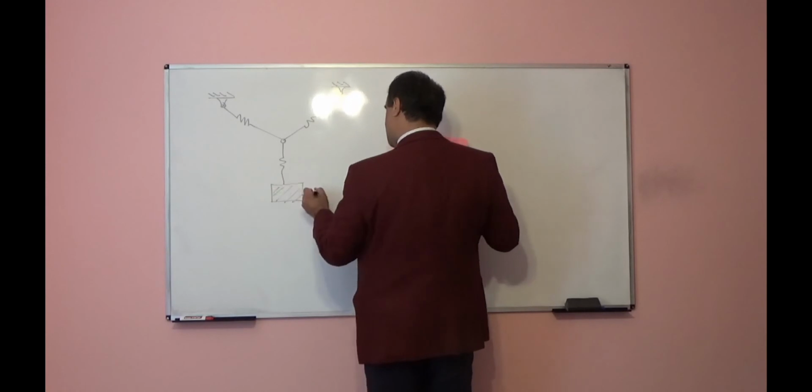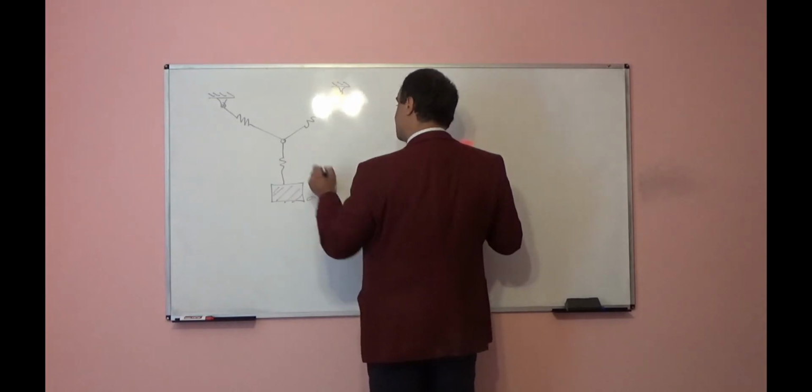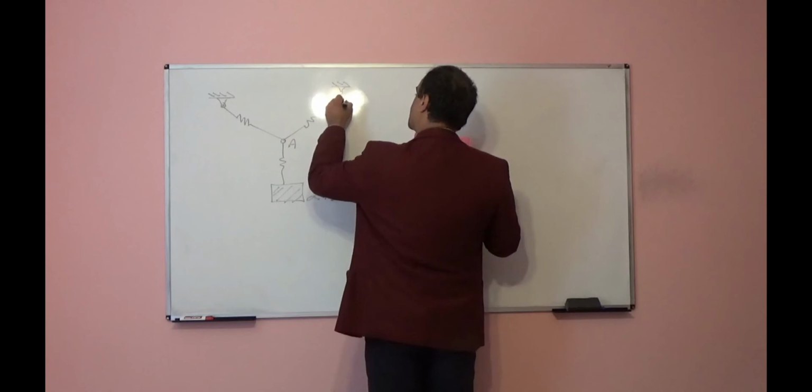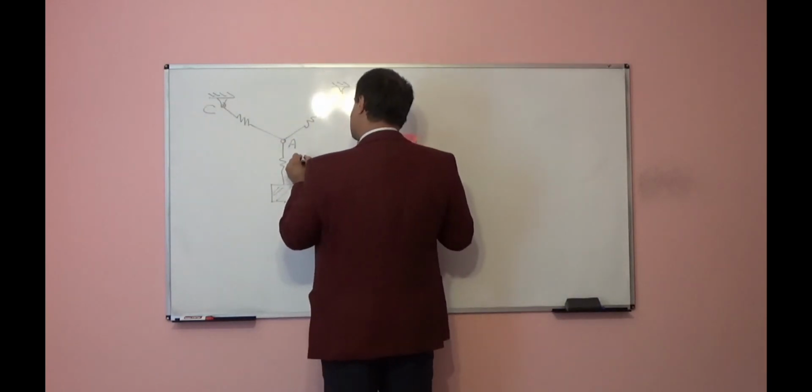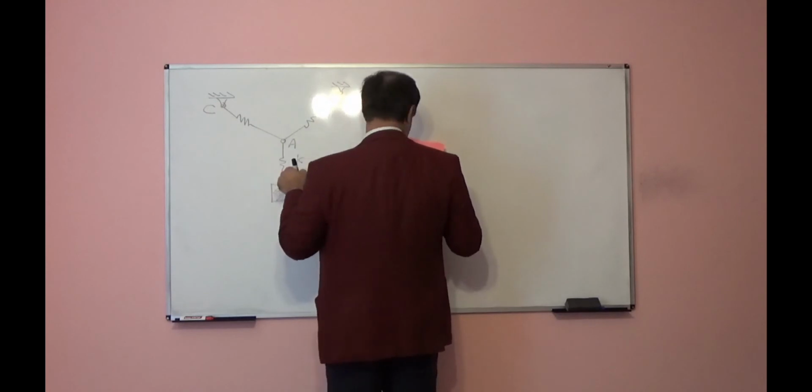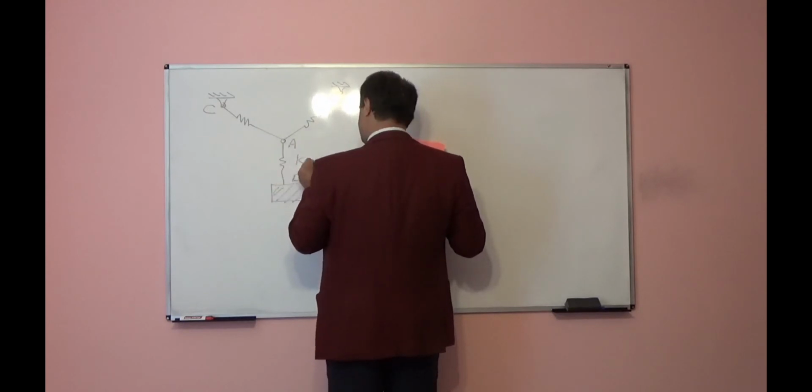Here we have a box, the mass is 2 kilogram, with point A, point B, point C, point D. The stiffness for spring AD is 40 Newton per meter.